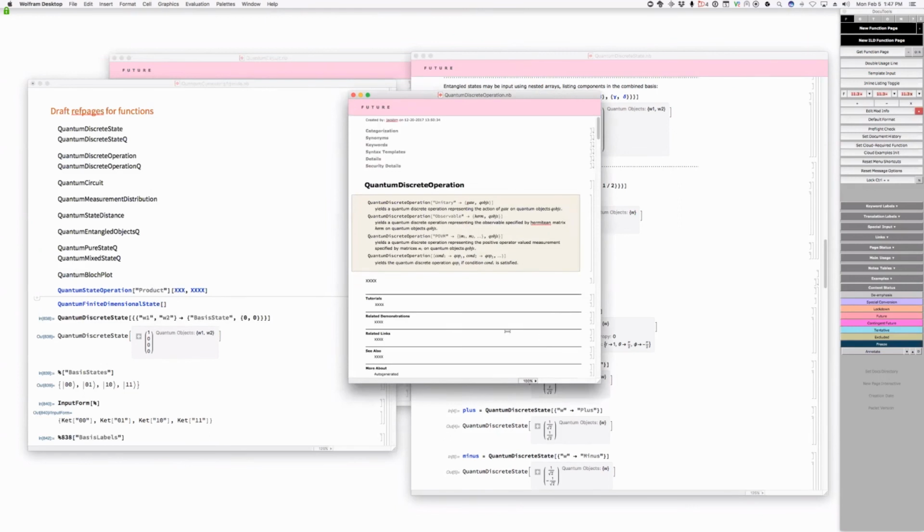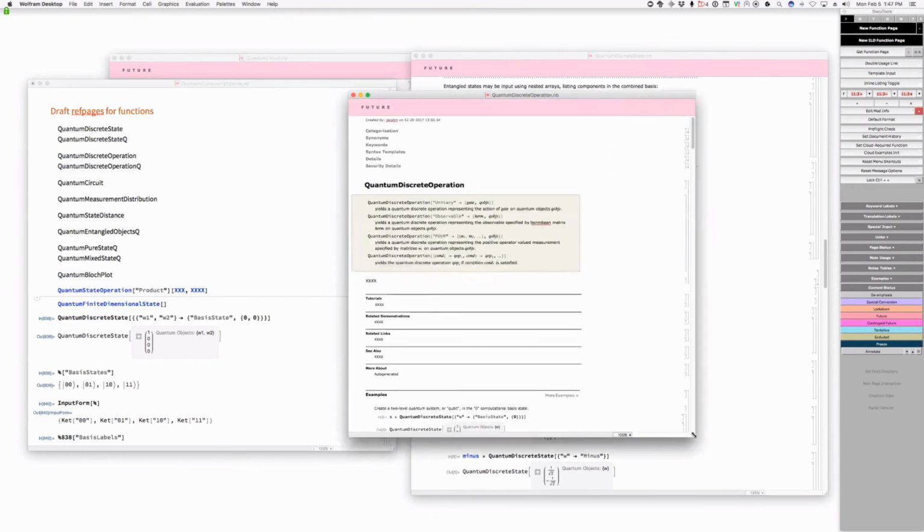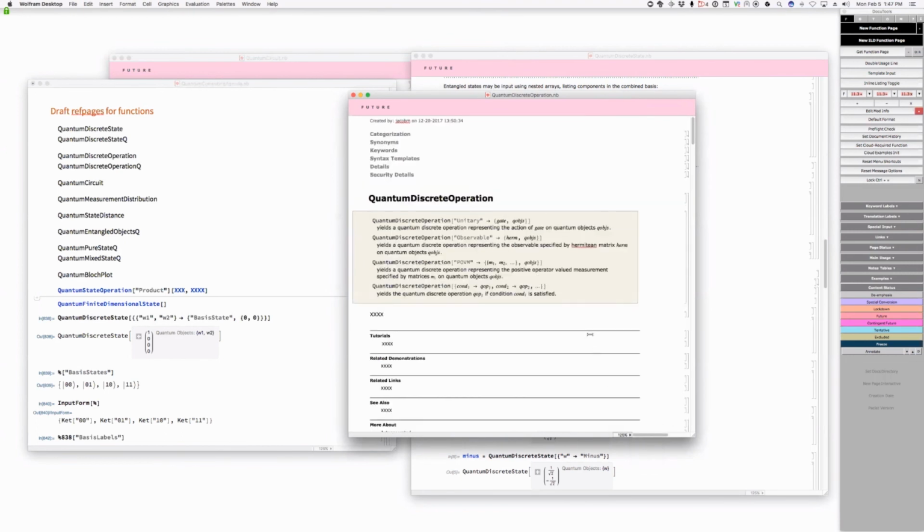So here, instead of before where I had quantum discrete operations and I just had the unitary ones, and then we had different symbols for observables and POVMs and all of these things, I took your advice and tried to put it all in one format, and you can just specify the type of operation you want.